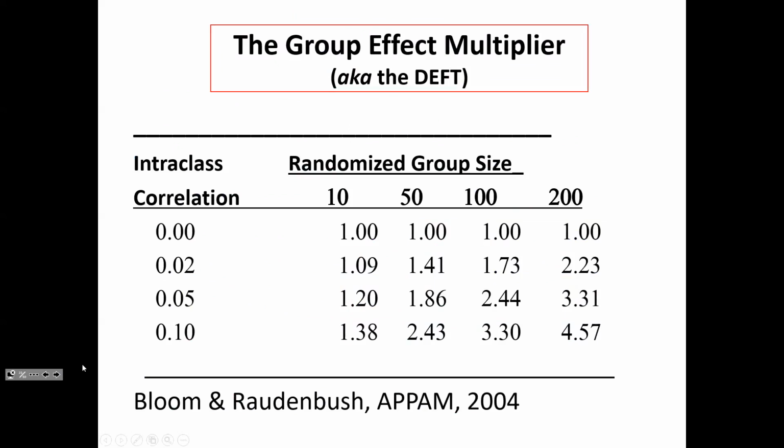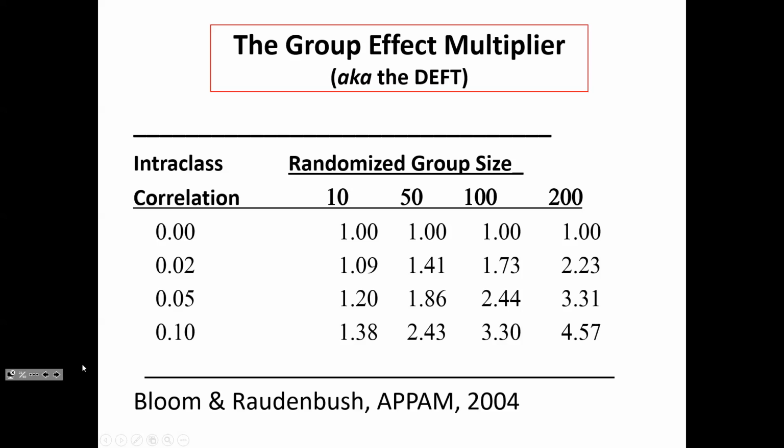You can see that if the intra-class correlation coefficient is 0, it doesn't matter how many people per cluster you have, the design effect is always 1. So no problems. But with an intra-class correlation coefficient of 0.1, which is not huge, if I have an average of 10 people per cluster, my design effect is 1.38. If I have 50 people per cluster, my design effect is 2.43. And if I have 200 people per cluster, my design effect is 4.57.